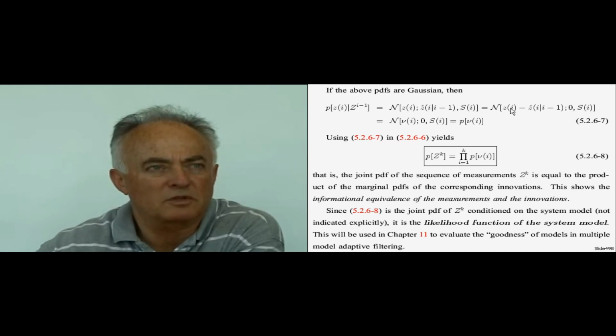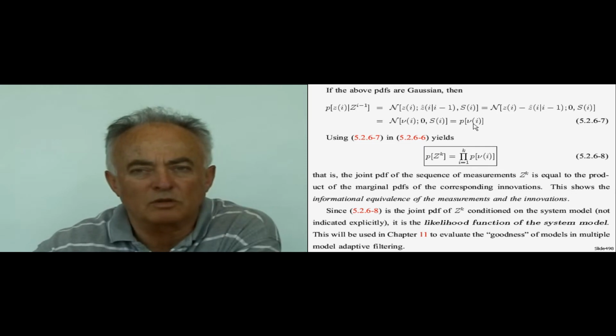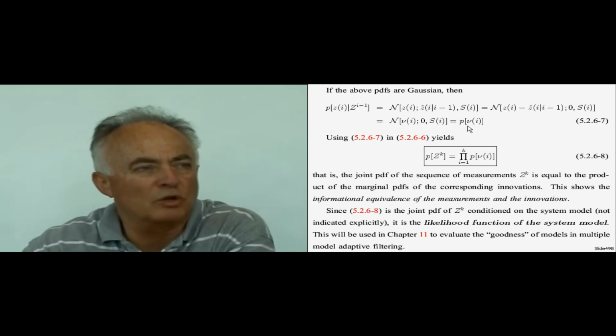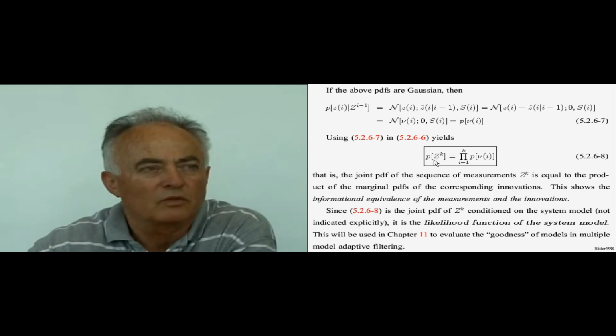But what is this difference? This is the innovation. So this is Gaussian with argument innovation, mean 0 and covariance S_i, which is the PDF of the innovation under the Gaussian assumption. Therefore, the joint PDF of all the measurements is the product of the PDFs of all the innovations.